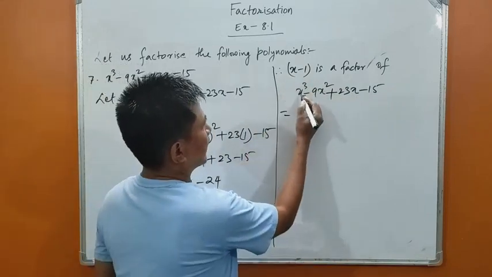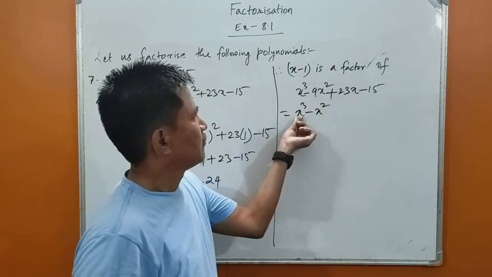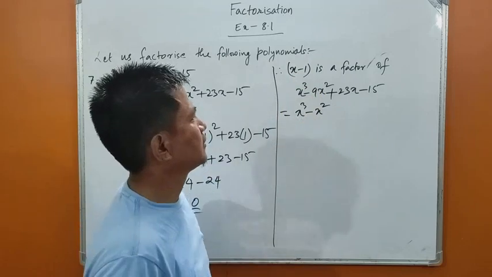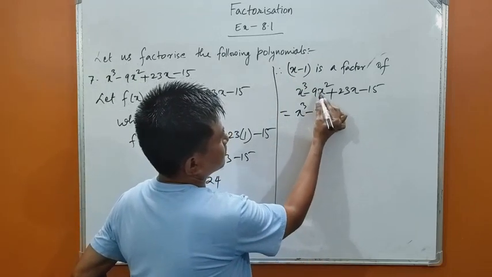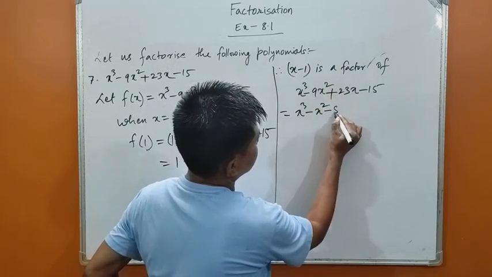Very, very simple. x cube minus x square. When I take x square common, it becomes x minus 1 within the bracket, isn't it? So I have already used minus x square from this minus 9x square, so I must put minus 8x square here.